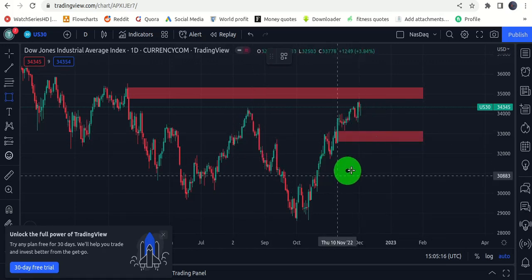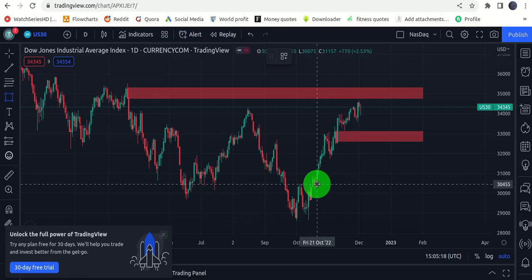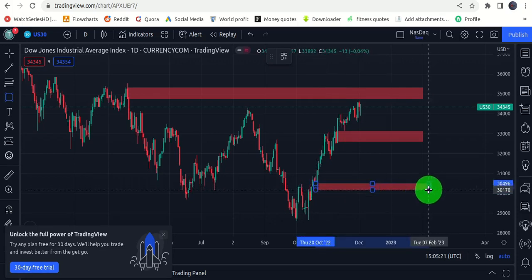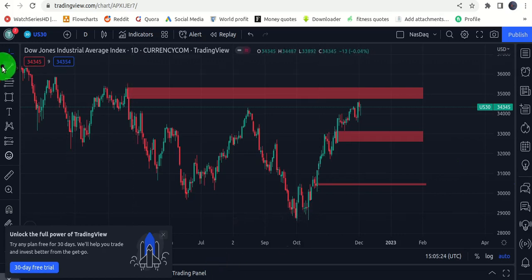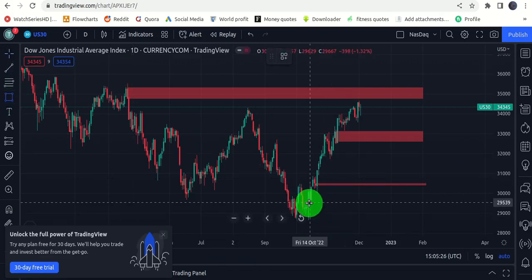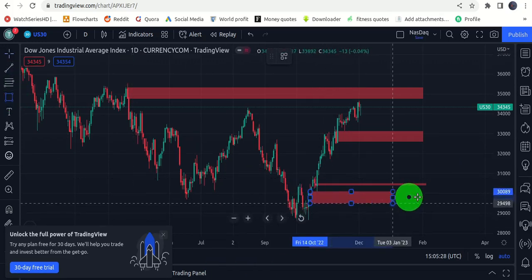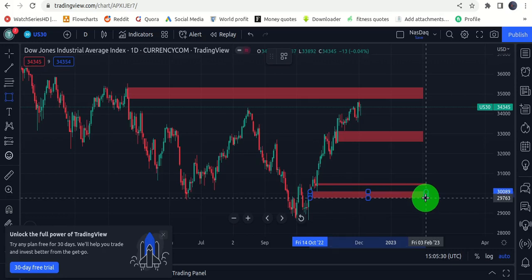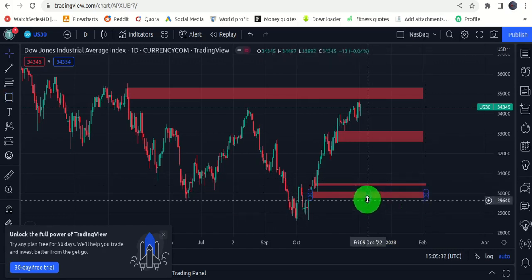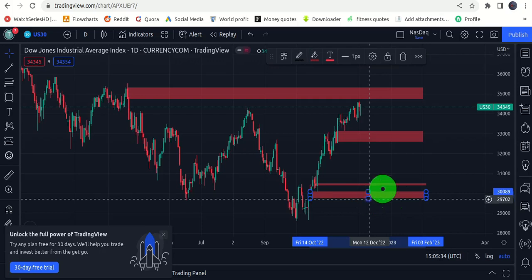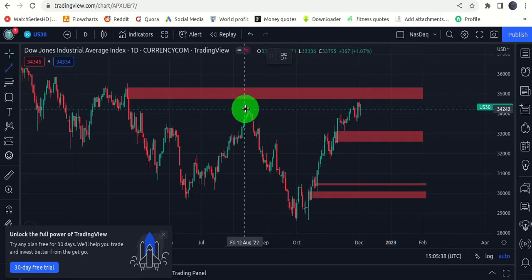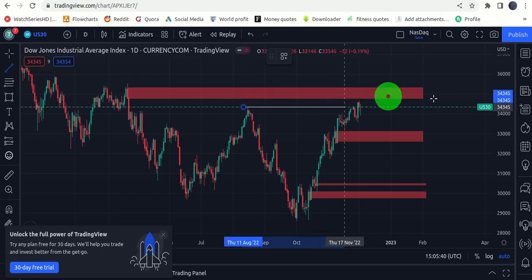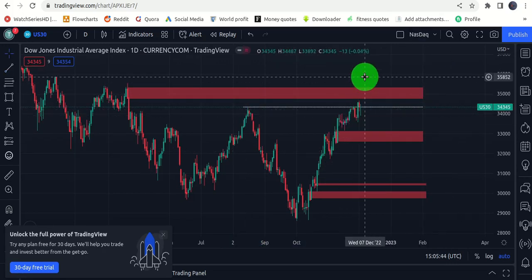Here's the other one that I can reference. And we had this liquidity here which got taken out.